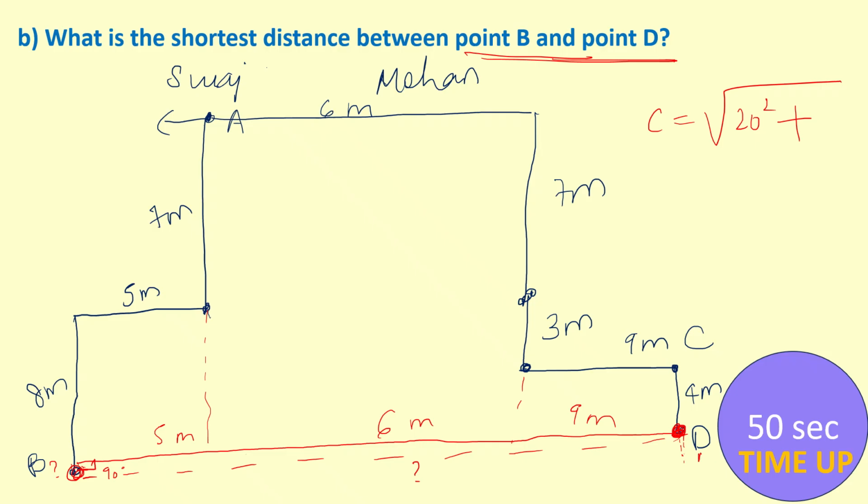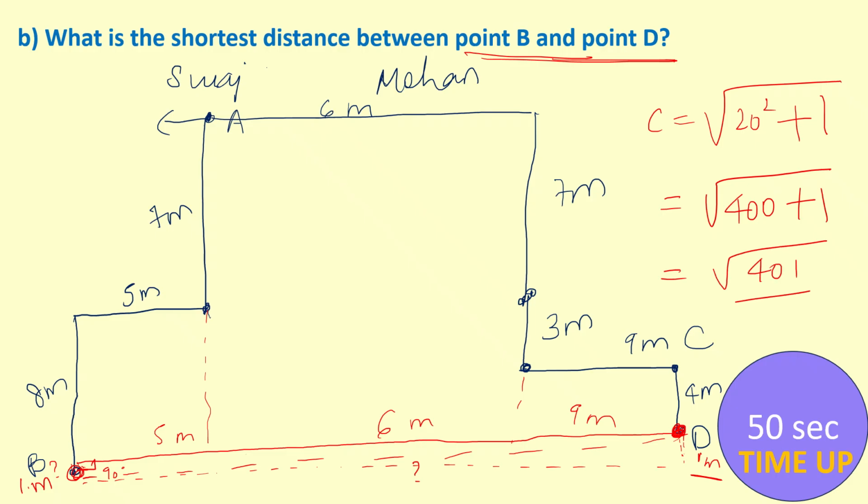So if this is 1 meter, then this will also be 1 meter. So 1 square will be 1. So it will be root of 400 plus 1. So it is root of 401 is the answer. So shortest distance between B and D is root of 401.